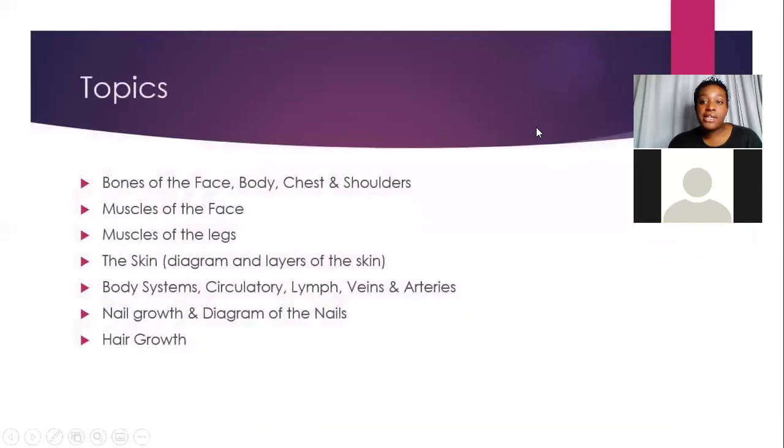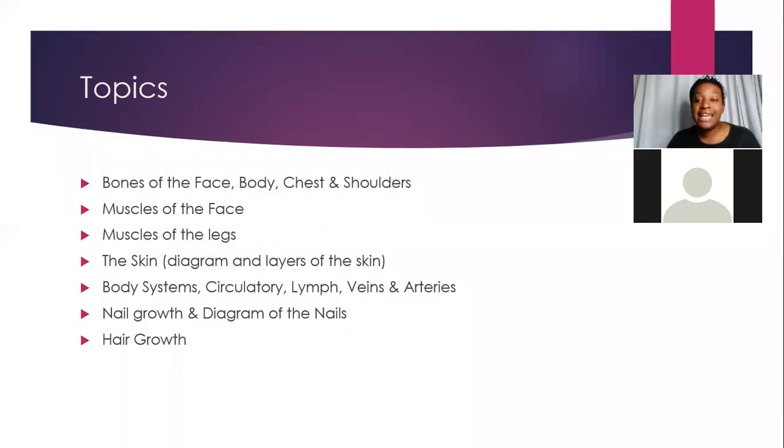So these are the topics that we're going to be going through today. As before we started the PowerPoint, I was just quickly talking to Remy. So this is all the information that we would usually go through at the beginning of the MVQ2 beauty therapy course. So the topics include the bones of the face, body, chest and shoulders. We've got the muscles of the face, muscles of the legs.